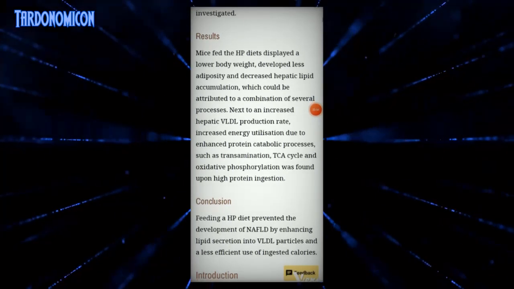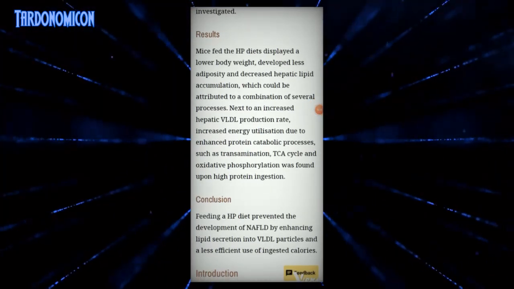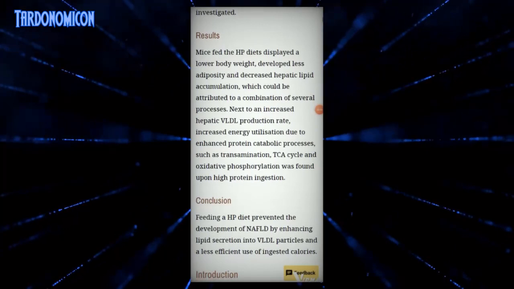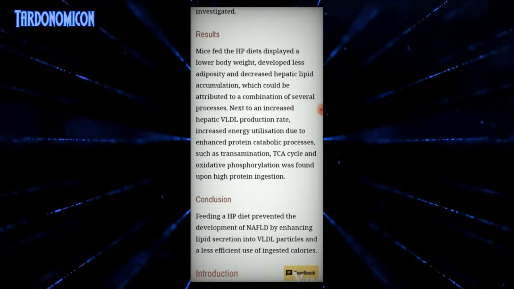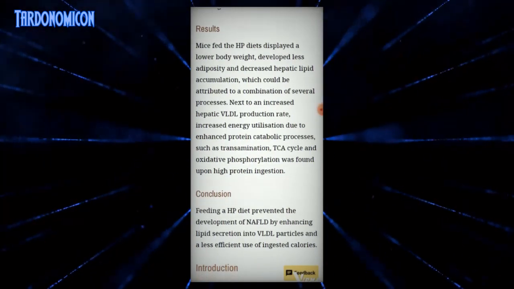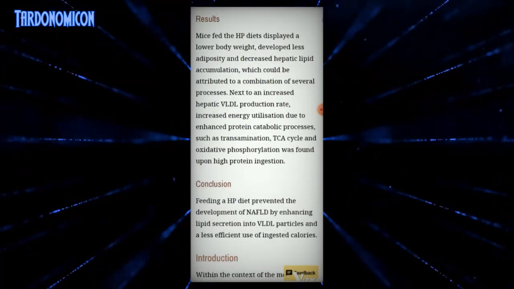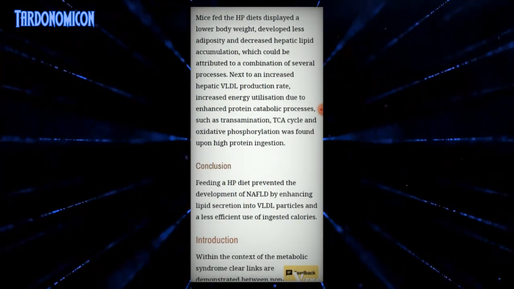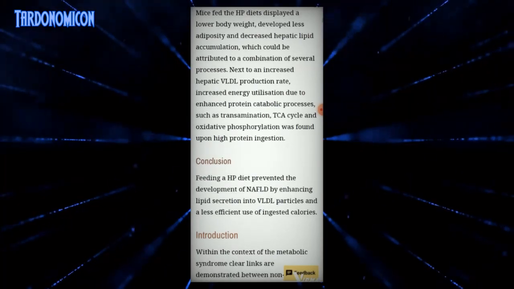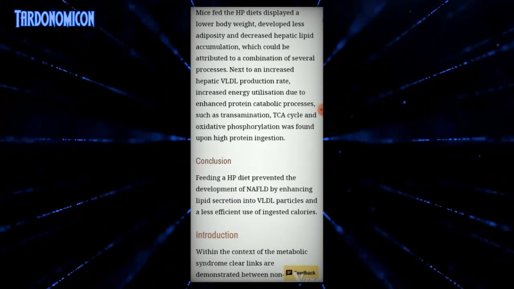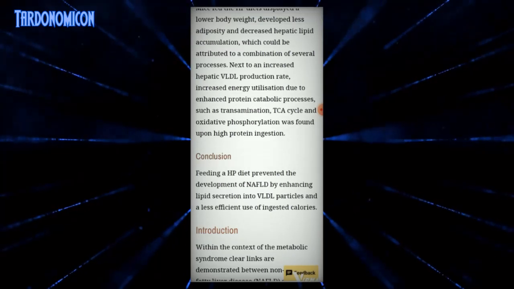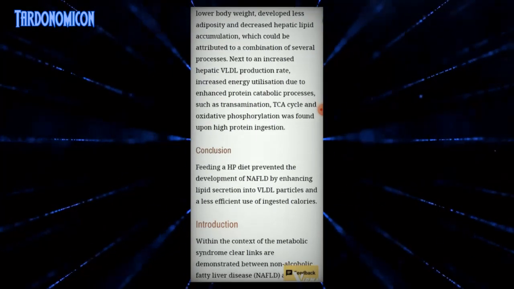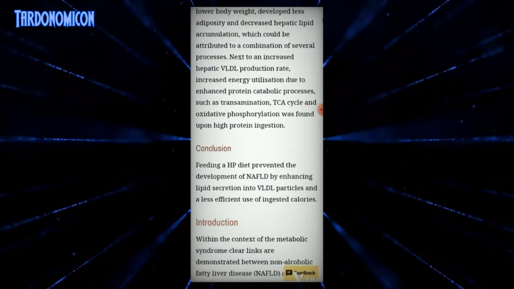Mice fed the high-protein diet displayed a lower body weight, developed less body fat, and decreased liver fat accumulation, which could be attributed to the combination of several processes, next to an increased hepatic VLDL, which is very low density and low density cholesterol production rate.